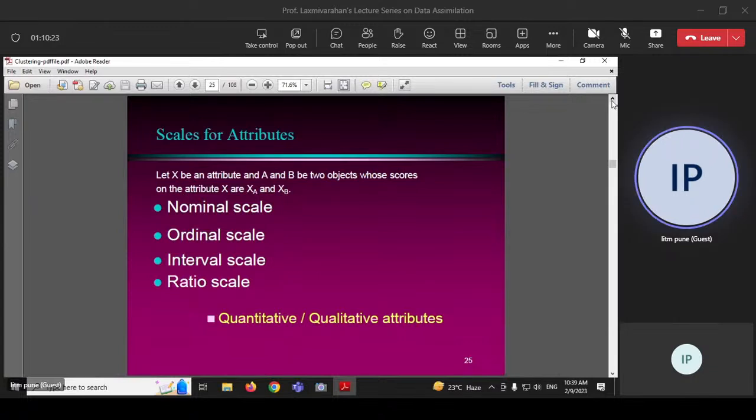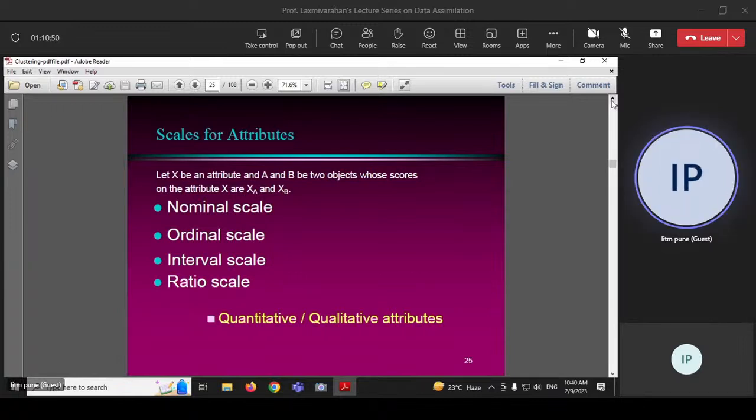So in data processing, you need to be very careful about the scales in which you measure, and how you transform the data from one scale to another scale, from numerical scale to letter grade scale, and so on and so forth. If there's a lot of information loss, that's detrimental to analysis. Color of the eye, there's no loss of information.